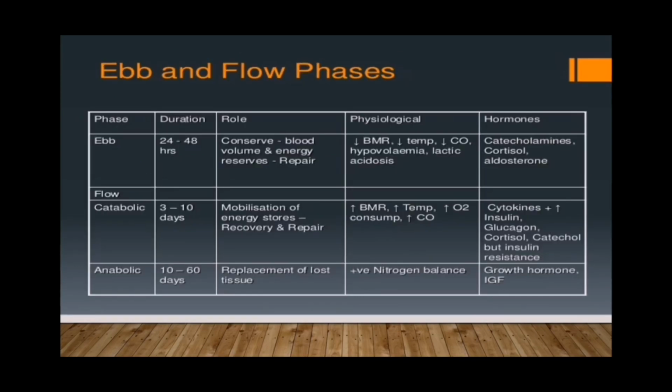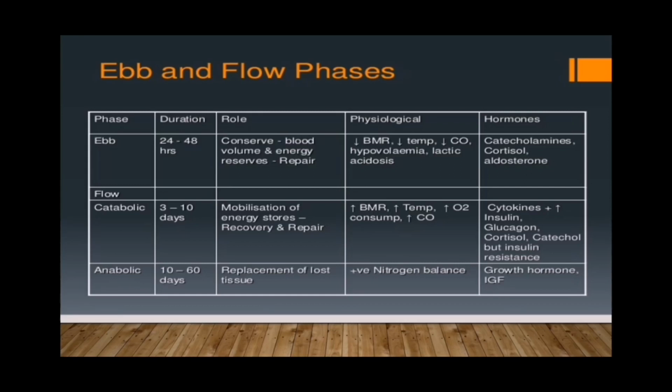Ebb and flow phase. The duration of the ebb phase is 24 to 48 hours. The role of the ebb phase is to conserve blood volume and energy reserve for repair and regeneration. Physiological changes that occur: decreased BMR, decreased temperature, decreased cardiac output, hypovolemia, and lactic acidosis may occur.